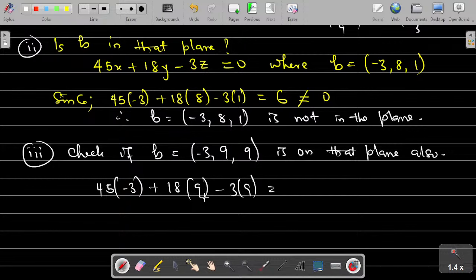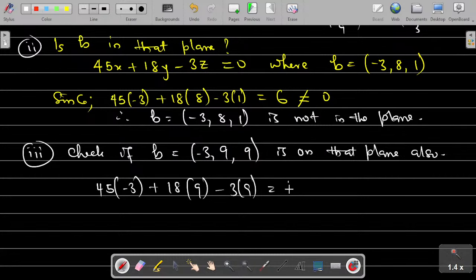Okay, plus minus 27. Sorry, 27. Okay, and that's exactly equal to 0.